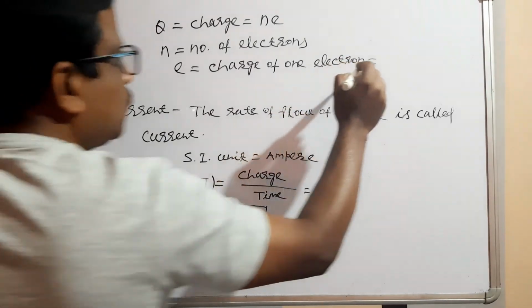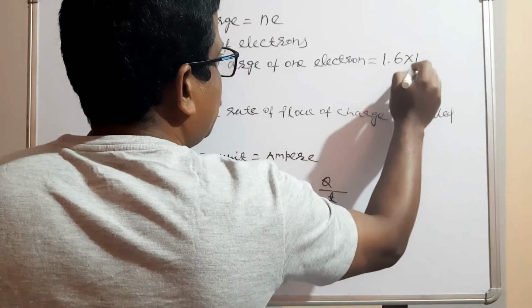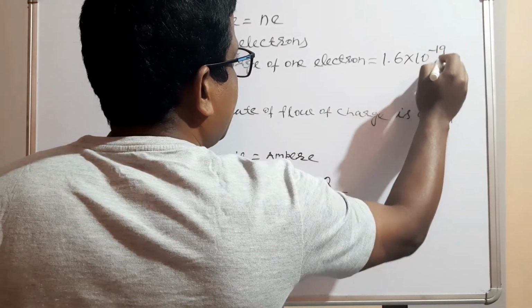That is 1.6 into 10 to the power minus 19 coulomb.